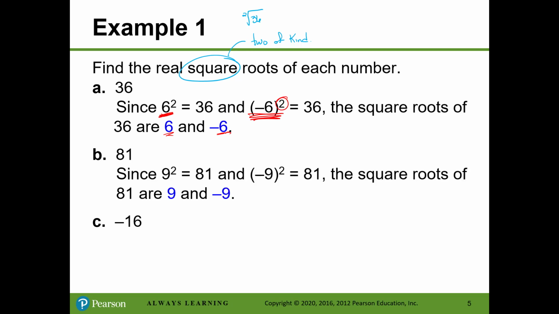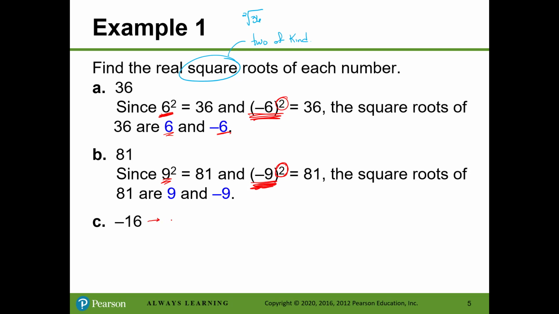Okay, take a look at the next one. So, you know the square root of 81. You know it's 9, but it's not just a positive 9, it's a negative 9 also. 2 negative 9s multiplied together also give me an 81, which is why the answer in this case is 9 and a negative 9.